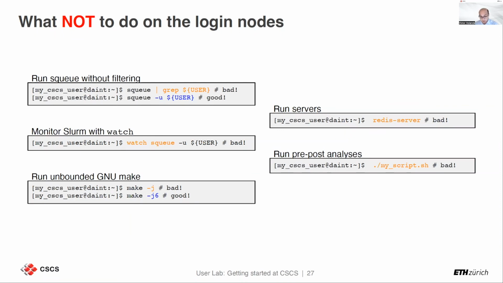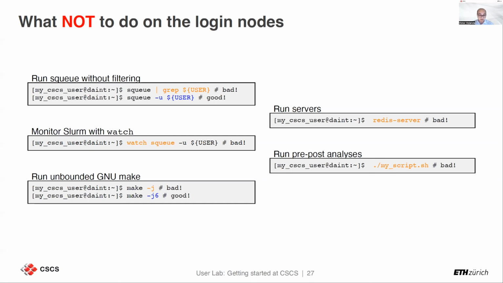Some people, when they're compiling codes on the login nodes, forget to pass the number of parallel threads they can use for the compilation. And there are many studies on the internet showing that most applications don't scale beyond 8. So 6 is a good number for most applications.